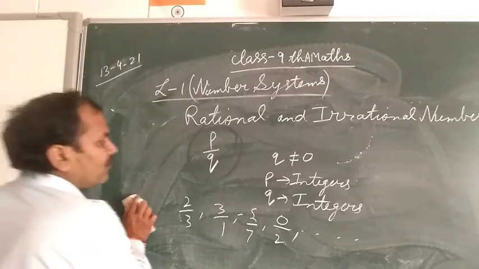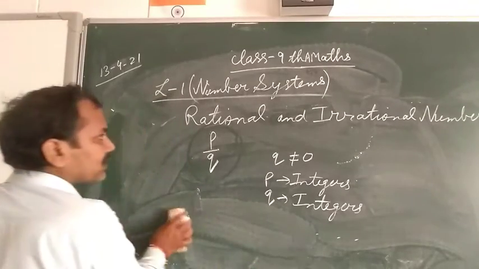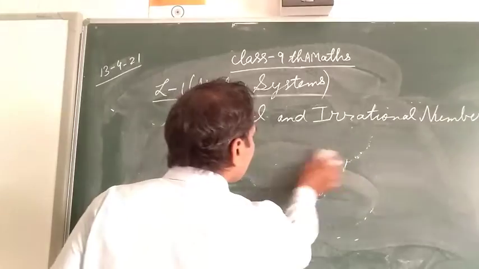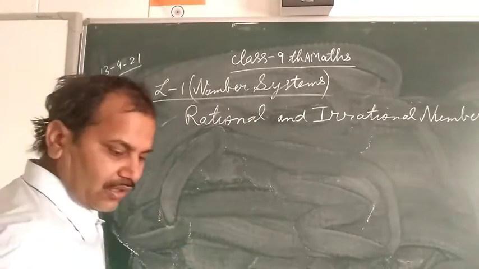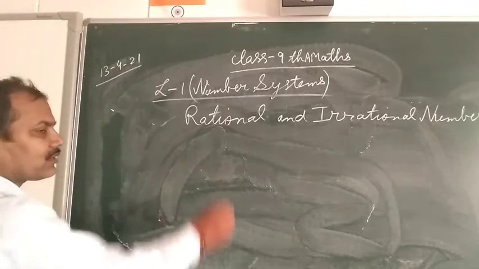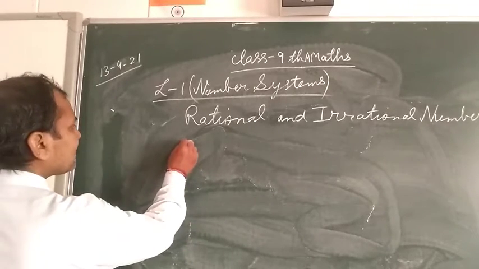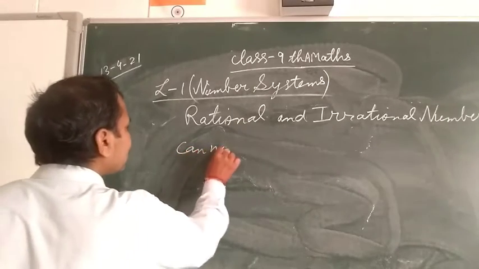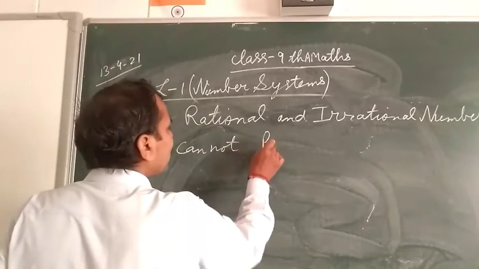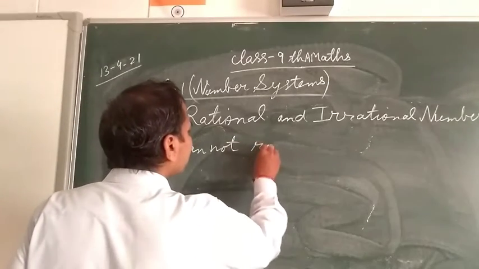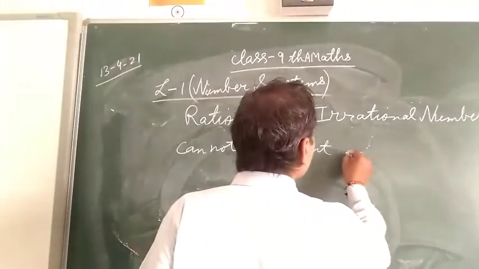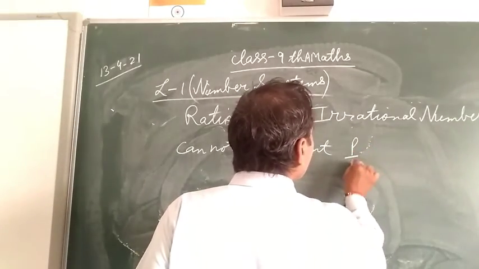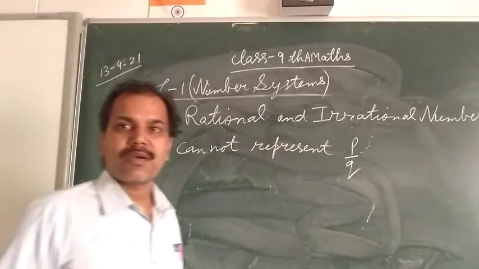Here we will mainly discuss irrational numbers and their representation on the number line. Irrational numbers are those numbers which cannot be represented in the form p by q.